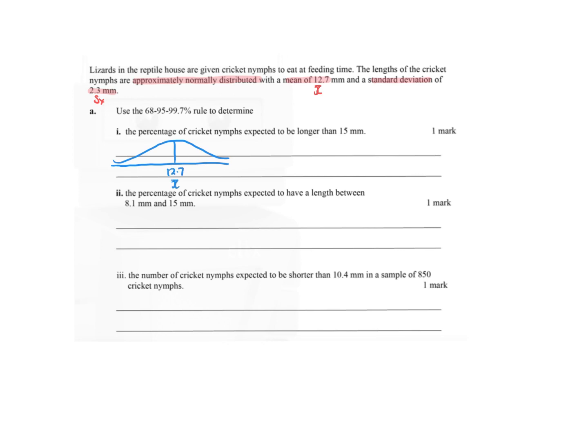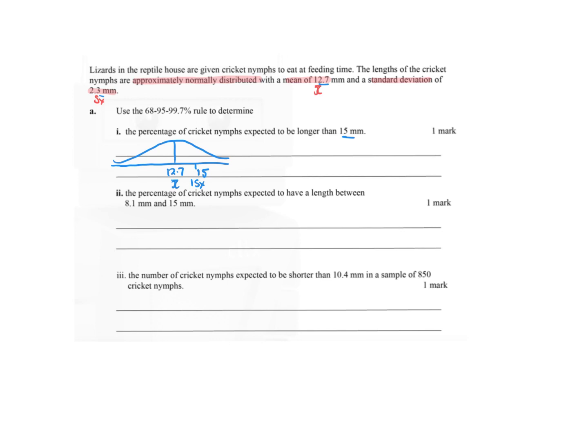Now the number they want is more than the mean, so we'll keep on adding a standard deviation. If I add 1 standard deviation, I add 12.7 plus 2.3, and that gives 15. So that's what they're talking about.